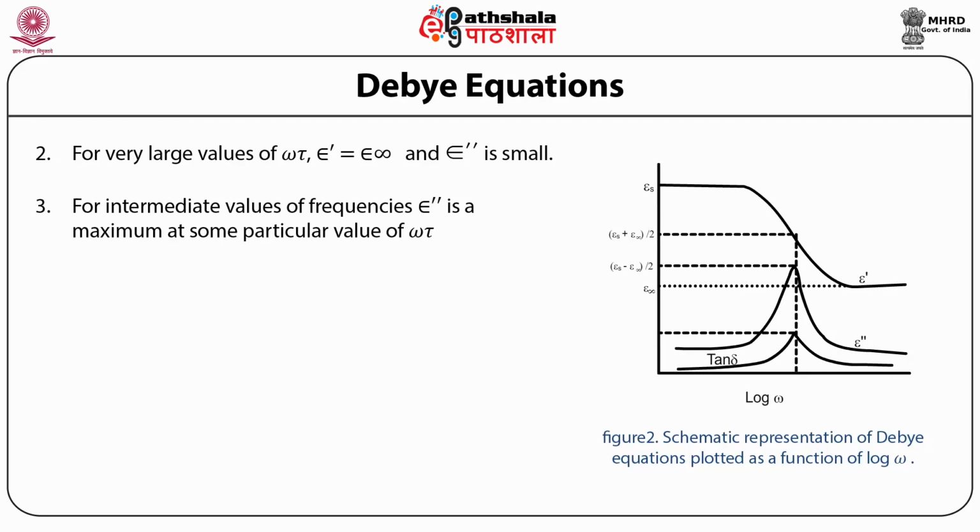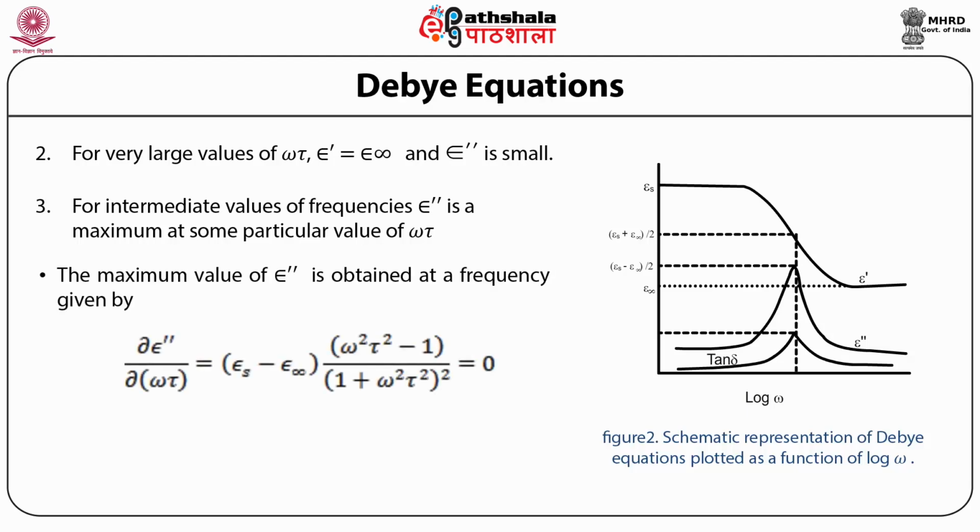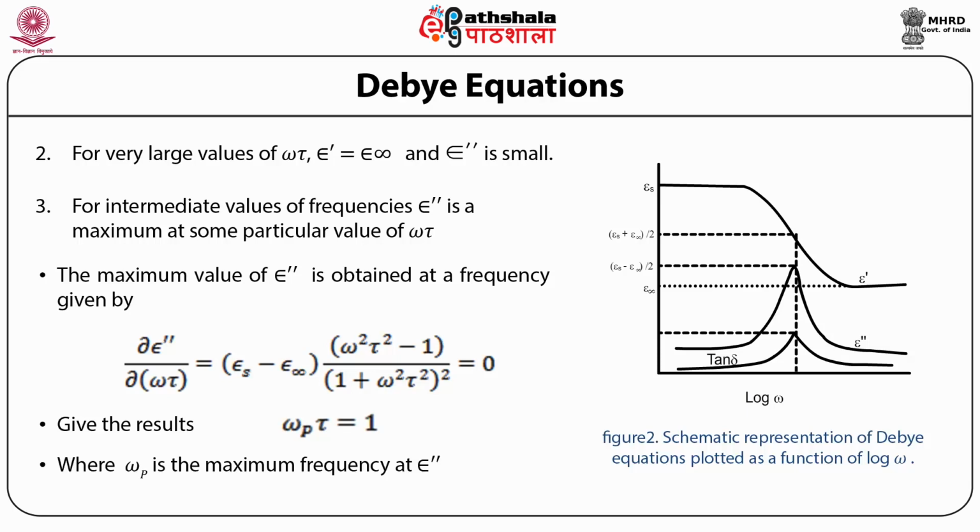For intermediate values of frequency, ε'' is a maximum at some particular value of ωτ. The maximum value of ε'' is obtained at a frequency given by ∂ε''/∂(ωτ) = (εs − ε∞)(1 − ω²τ²)/(1 + ω²τ²)² = 0, which gives ω_p τ = 1, where ω_p is the frequency at maximum ε''.